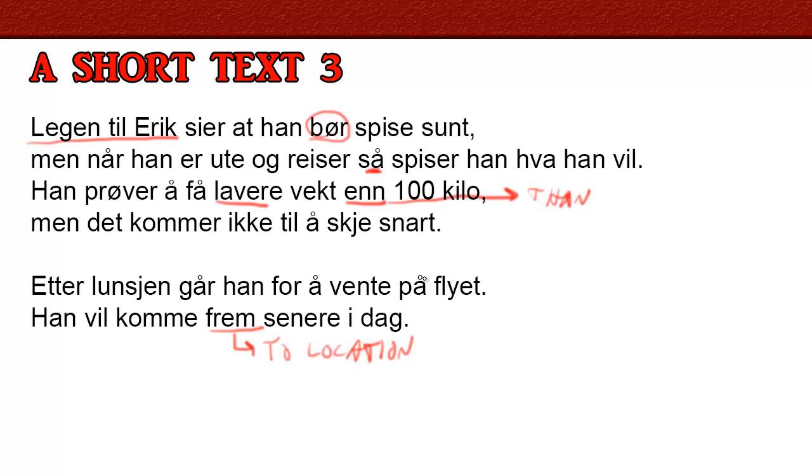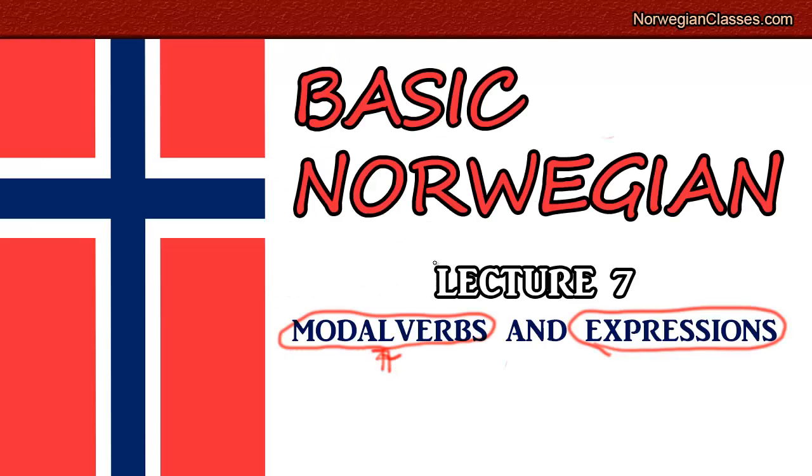Okay, so this expression was not the most important part, but I just mentioned it because you are going to have to use it later. Modal verbs were the main part here, and as you recognize, it's basically just for now.